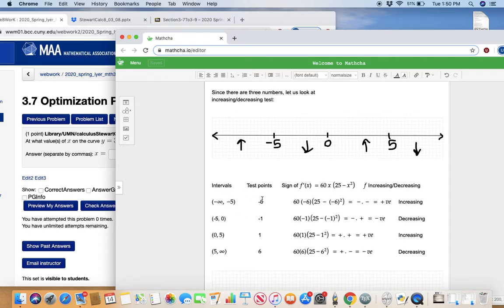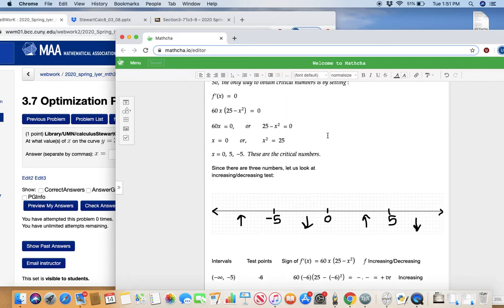I choose negative 6 here. You could have chosen negative 10, negative 100, whatever. Choose any number between negative 5 and 0, negative 1; between 0 and 5, 1; between 5 and infinity, 6. So choose test points from each of these intervals. Now plug in these values in your f prime. f prime is this expression.